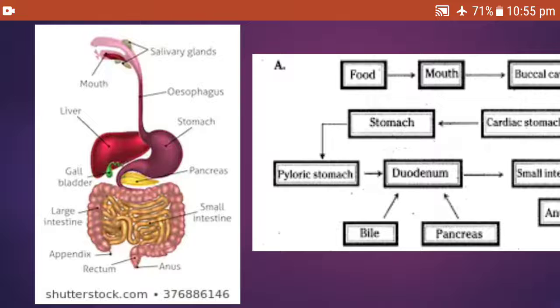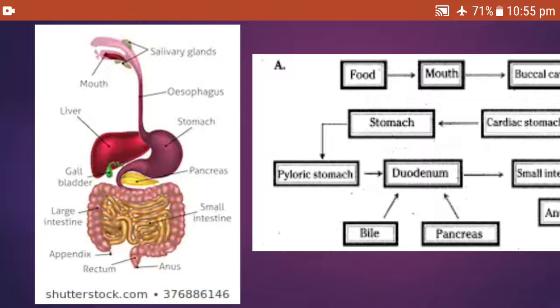The food is stored in the stomach for 3 to 4 hours. The stomach contains gastric juices. It also contains enzymes and hydrochloric acid, HCl. Hydrochloric acid helps in the digestion of the food and also in killing germs and bacteria.